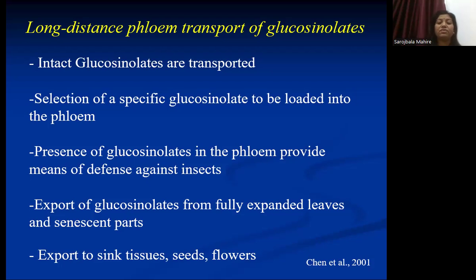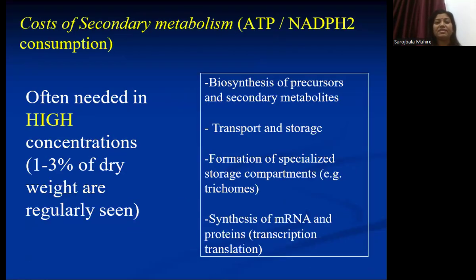Export of glycosinolates from fully expanded leaves and constituent parts. Export to skin tissue, stems and flowers. Hosts of secondary metabolites often give high concentration.